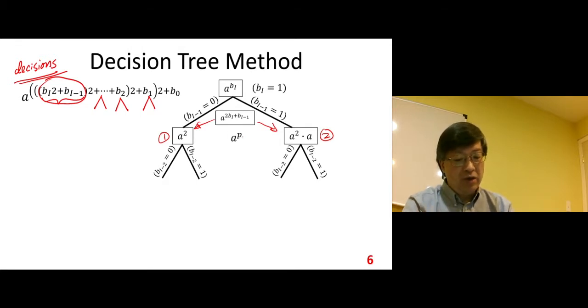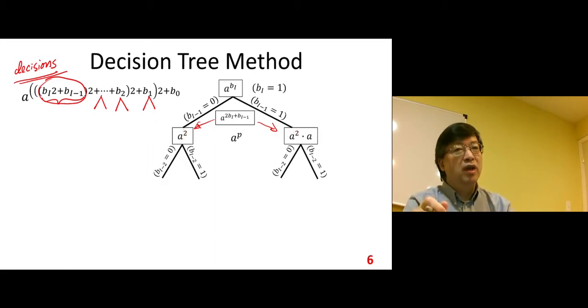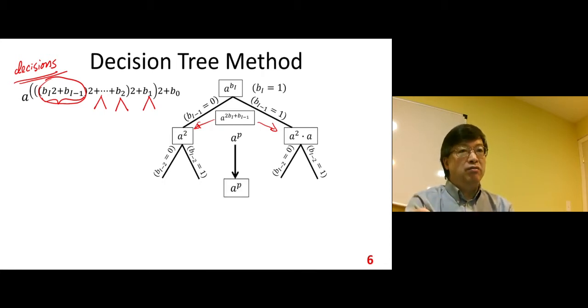The general term is a to the pth power. The p could be 2 or 3, but this is the general expression. Then from here, we make our next decision. Suppose for the next decision, we want to evaluate a to the 2p plus bi.